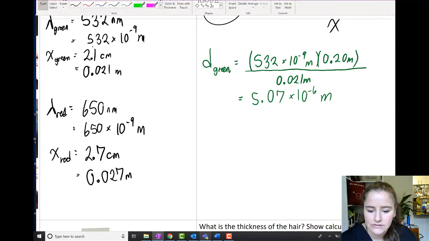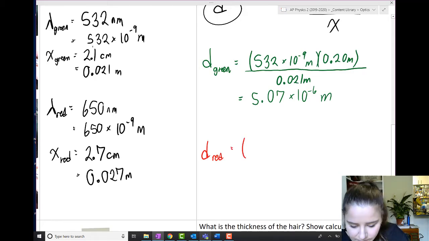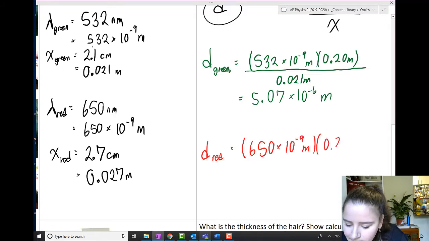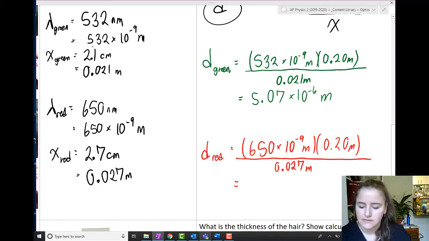So D for the red, same equation, but with the wavelength of the red light and the spacing of the maxima on the red light, divided by 0.027 meters. Okay, and we plug that into our calculator.